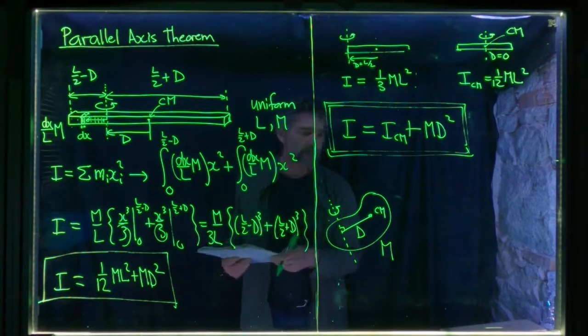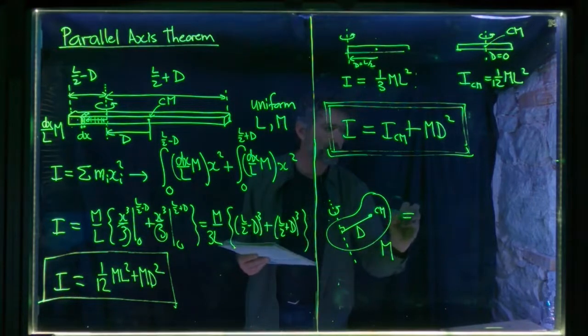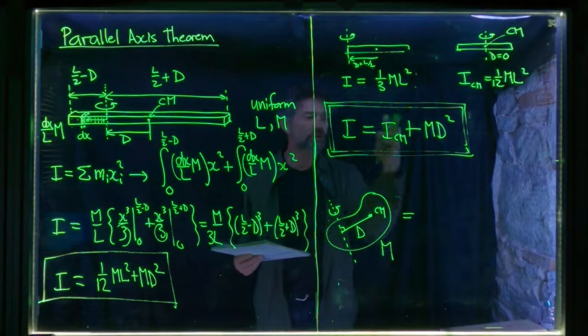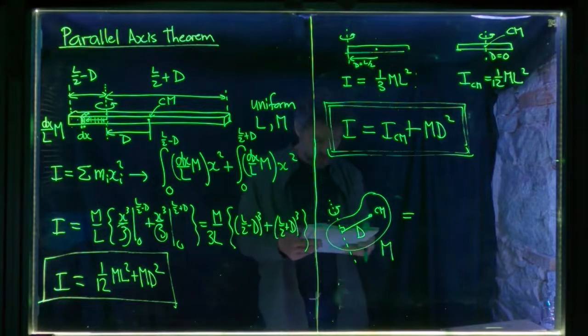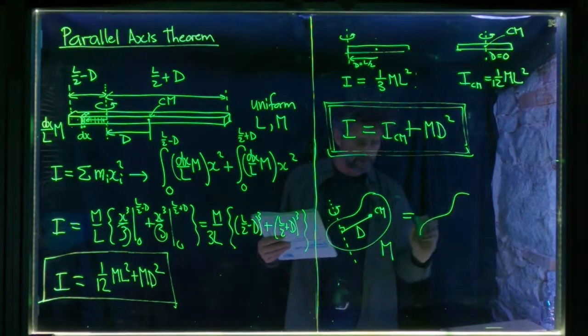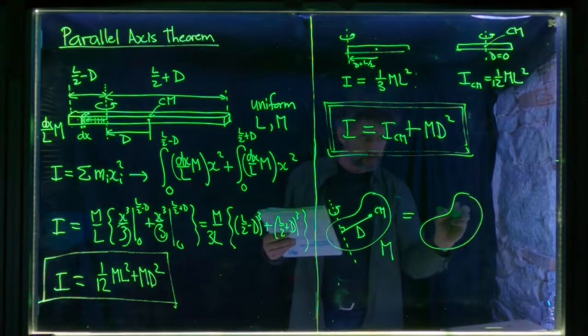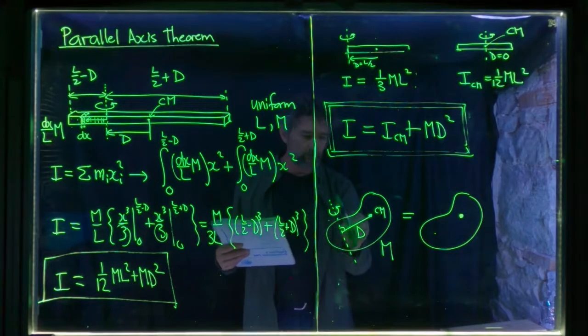What this theorem is telling me is it's equal to the moment of inertia for rotating the object about a parallel axis that passes through the center of mass. So it looks like this. Here's the center of mass point. Take this axis over here and shift it over parallel.